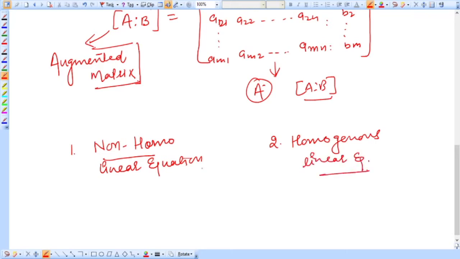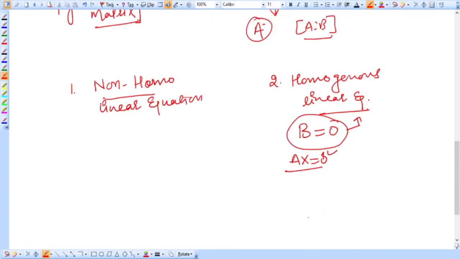Which type of linear equations do we call homogeneous? If b is equal to 0, then the given system of linear equations is known as homogeneous. That is AX equal to 0, where this is the 0 matrix. This system is known as homogeneous linear equations.